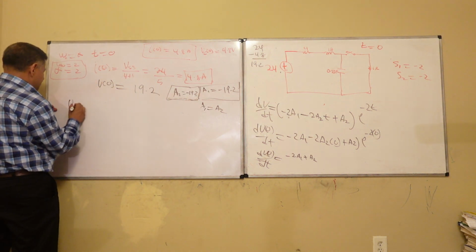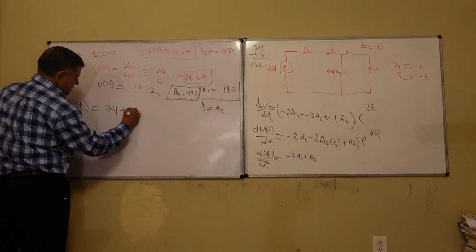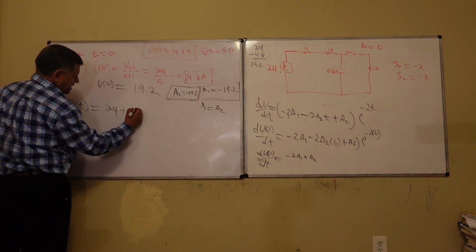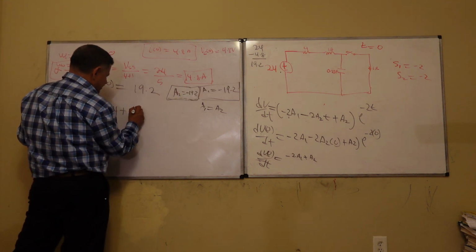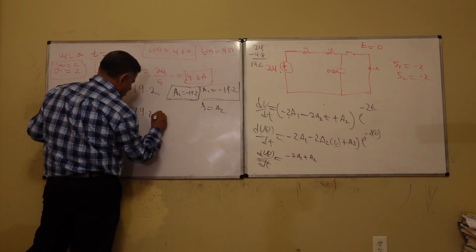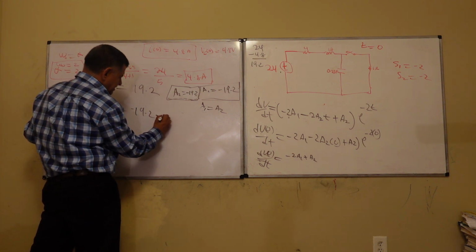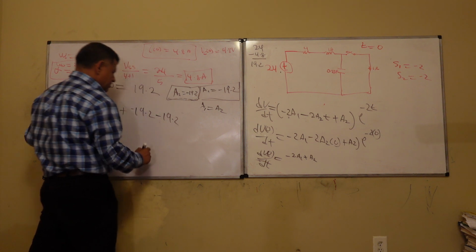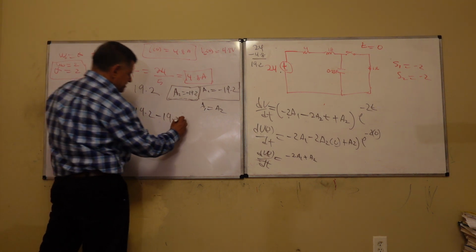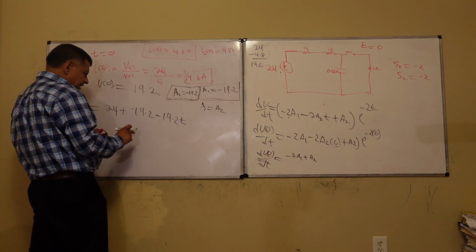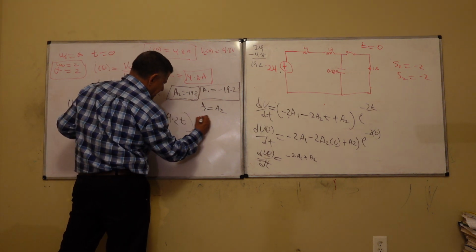So B of t is equal to B steady state, which is 24 volts, plus negative. Plus was plus A, but in this case it's negative, so negative 19.2, plus A2, but it's also negative 19.2. But then we have t, and the whole thing being multiplied by e to the negative 2t.